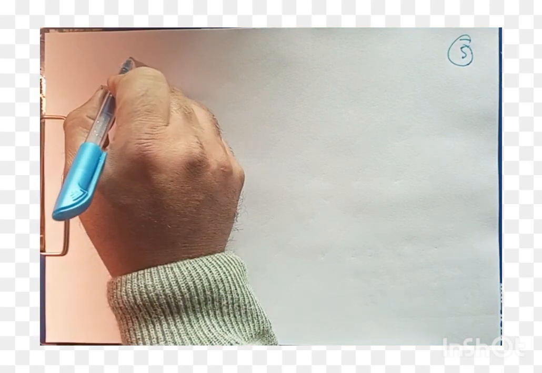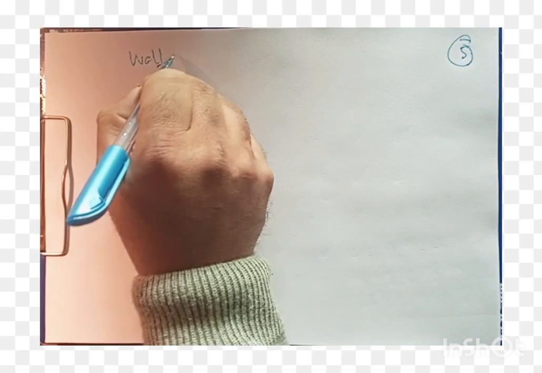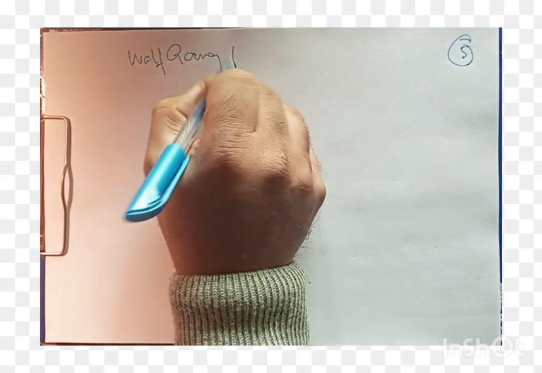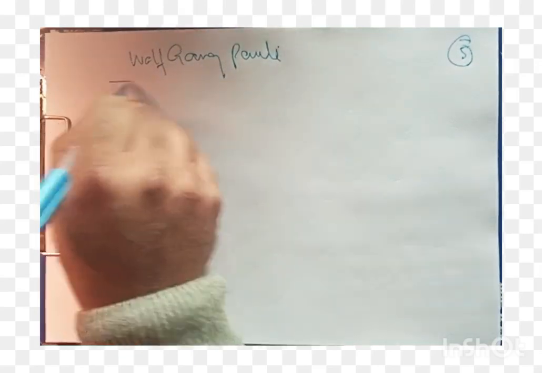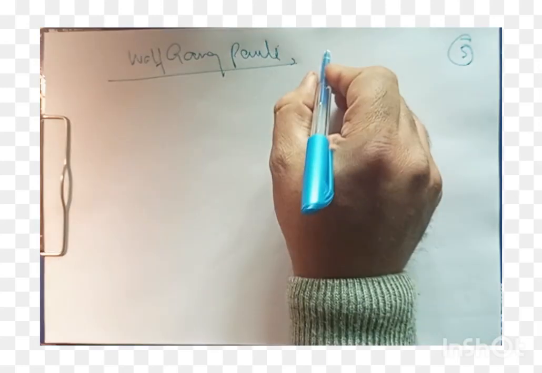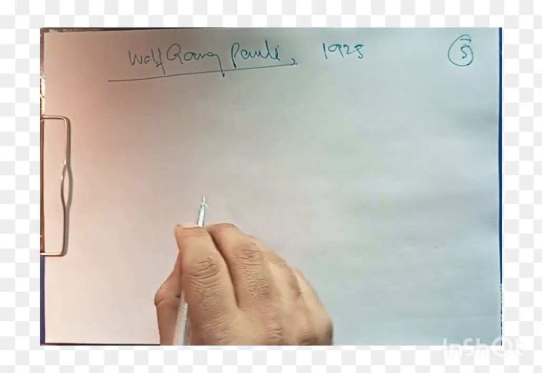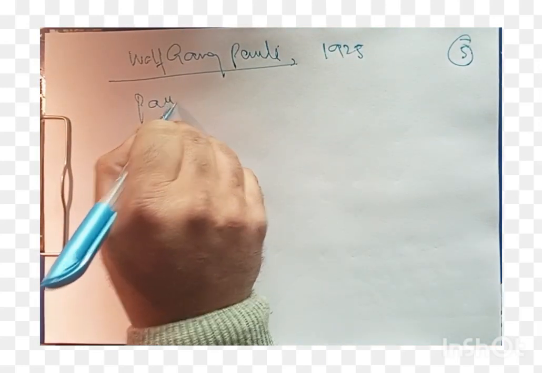Can we have many electrons in the same orbital, and how can these electrons be distributed among these orbitals? The most important principle here was given by Wolfgang Pauli, who came up with it in 1925, known as Pauli's exclusion principle.